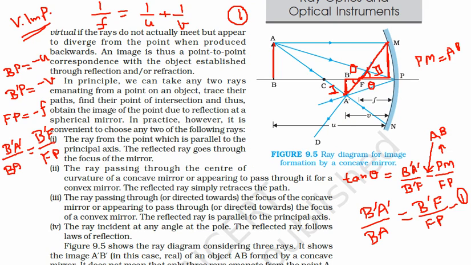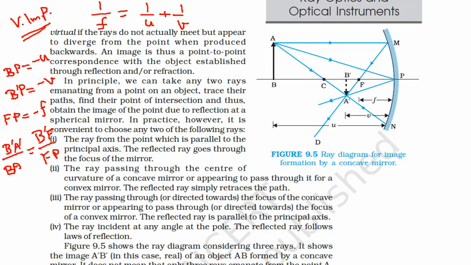Now let us see what the second step is. In the second step, we again have to take two triangles. First of all, we take this ray 2, which is falling on the pole and reflecting from the pole. As we know, if this angle is phi, this angle would also be phi.